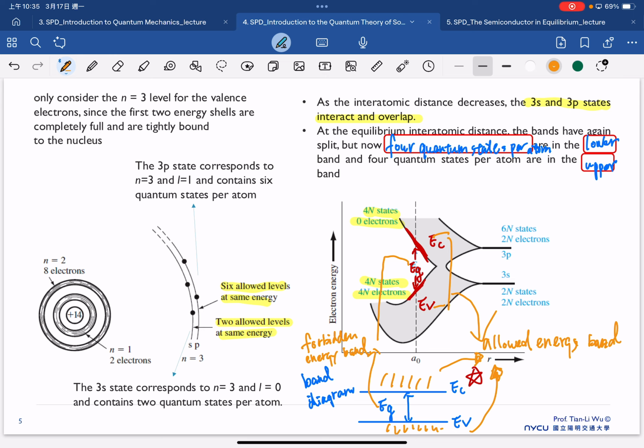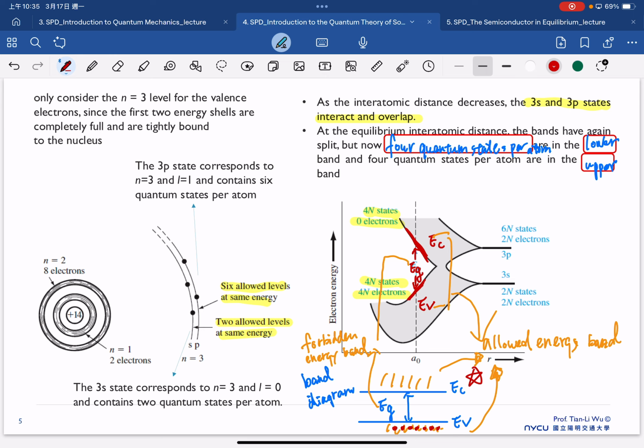And also, by considering the allowed energy state, the forbidden energy state, and the concept of quantized energy, we can now expect our electron can only stay here. The reason why we call it the valence band is because this is the state which is full of electrons.